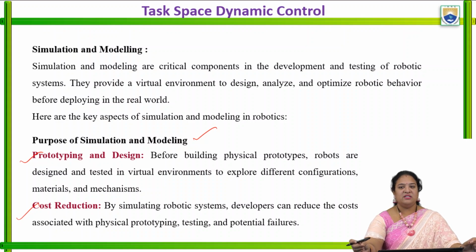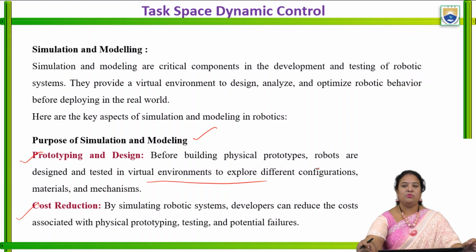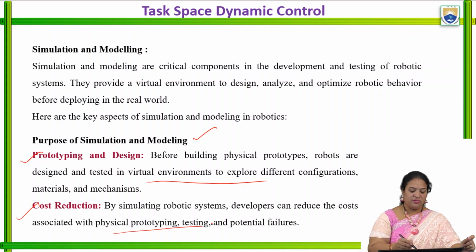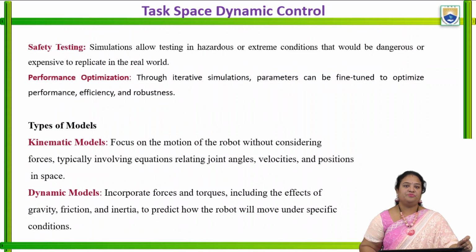Before building any physical prototype, robots are designed and tested in a virtual environment to explore different configurations, materials and mechanisms, which helps in reducing the cost. This cost reduction is very important, as robot system developers can reduce the cost associated with physical prototyping, testing and potential failure.